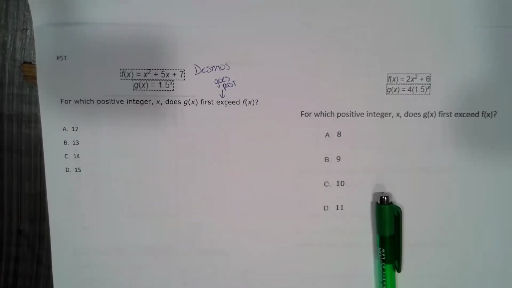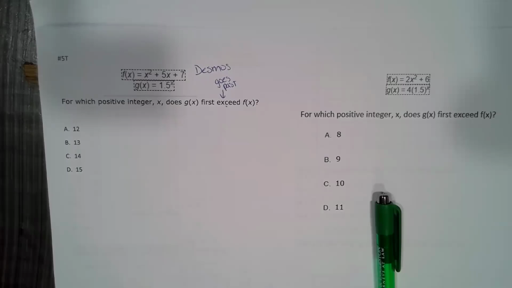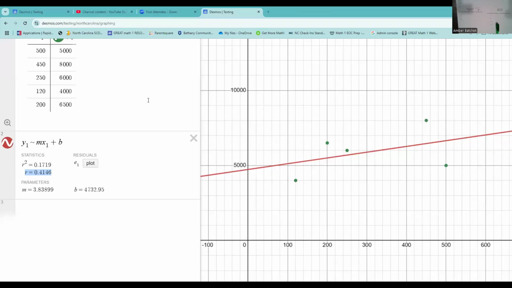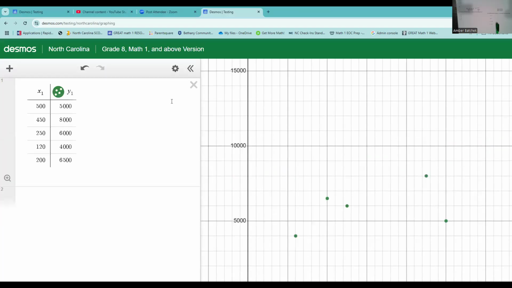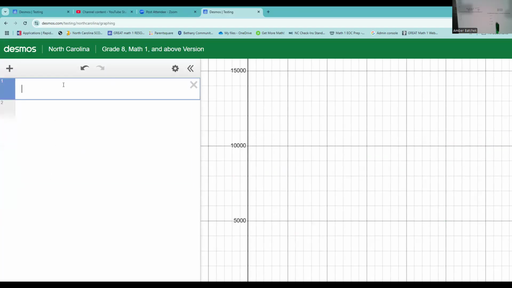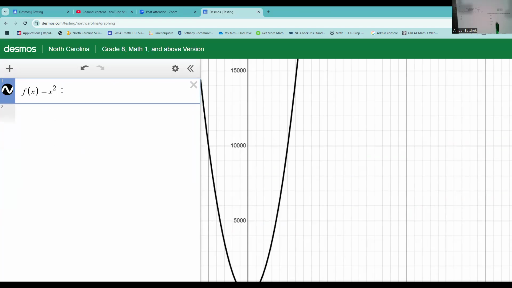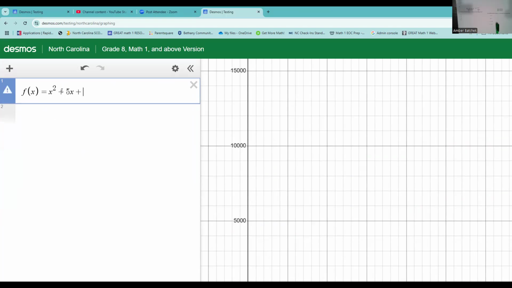So we're going to go to Desmos, and we're going to enter those two functions. Okay, let's clear out the old stuff. Okay, I'm going to enter my two functions. F of x equals x squared plus 5x plus 7.